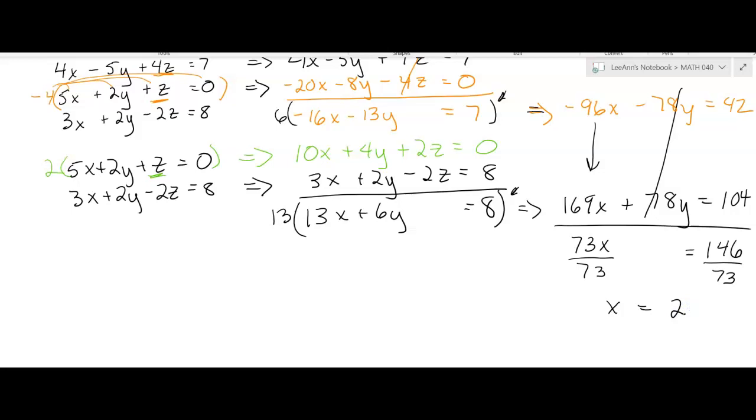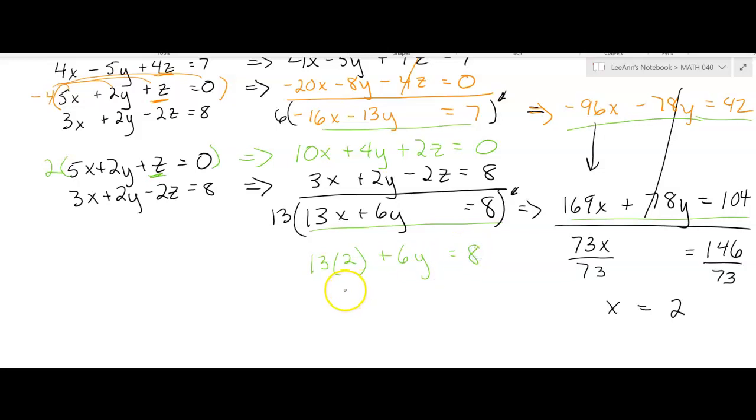Now the next thing to do is to find y. I have all kinds of xy equations. I have one here, I have one here, I have one here, and I have one right here. I'm going to use that one. What I'm going to do is put in the x that I just found: 13 times 2 plus 6y equals 8.